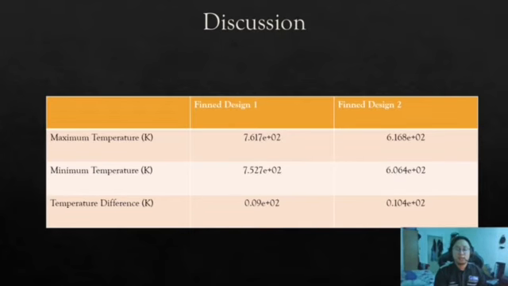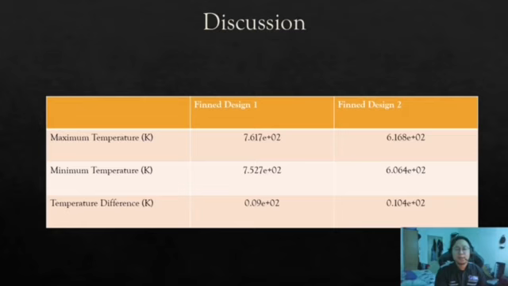So next is our discussion for this assignment. As you can see, this table shows the maximum temperature, minimum temperature, and temperature difference. For fin design 1, the maximum temperature is 7.617 exponent 2, and it's a little bit higher than fin design 2, which is 6.168 exponent 2.